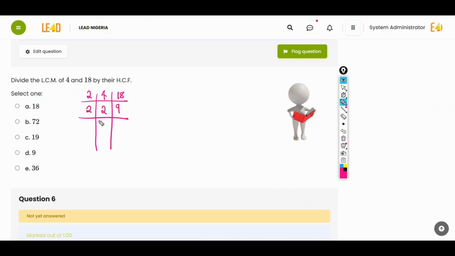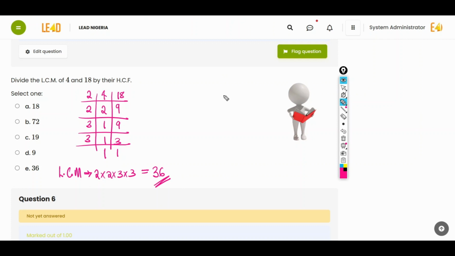I can use 2 again. 1 and 9. I can use 3, 1 and 3. I can use 3, 1 and 1. My LCM is 2 times 2 times 3 times 3. That's 36. The LCM is 36.